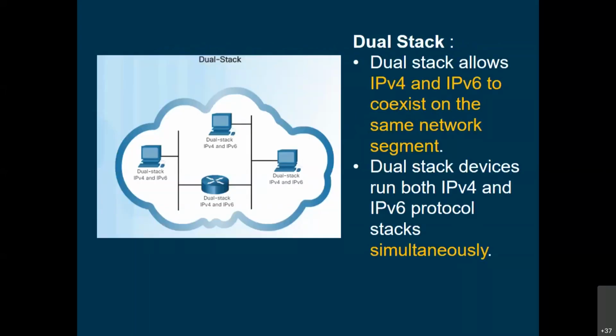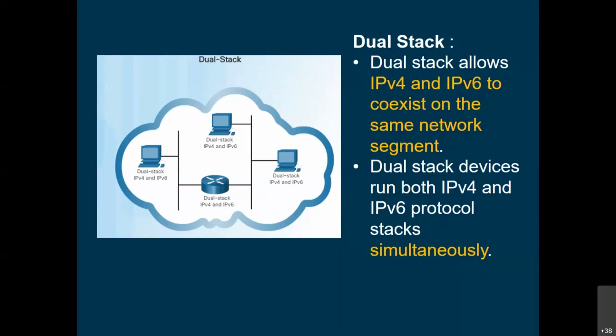In dual stack, both IPv4 and IPv6 coexist on the same network segment. Dual stack devices run both protocol stacks simultaneously. Of course, dual stack devices means new devices, right? Some organizations do not want to spend the money on that, but this is a way to go.